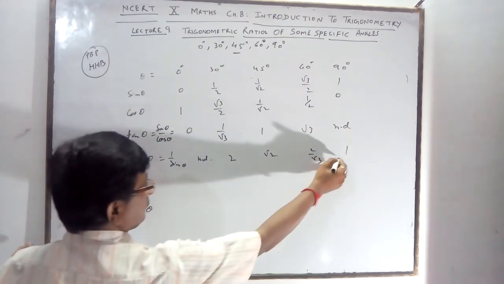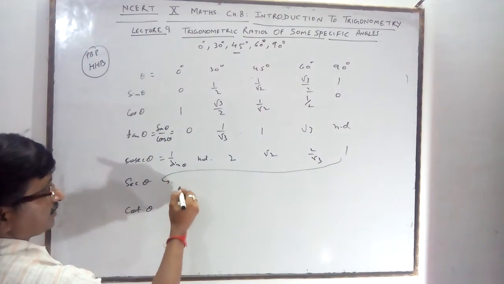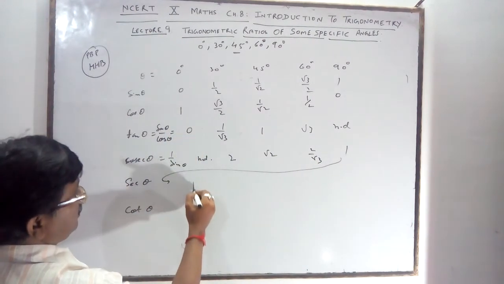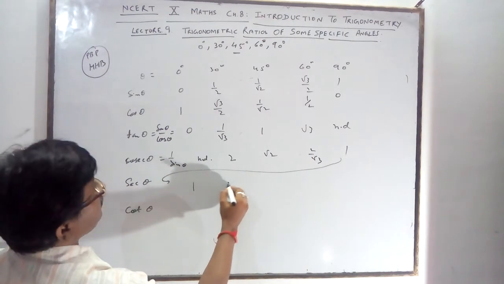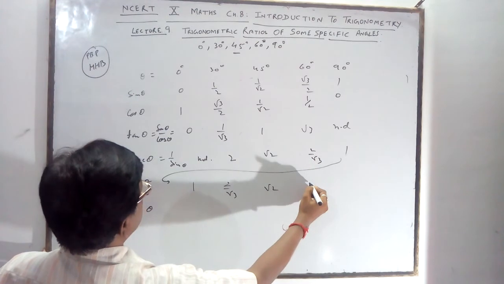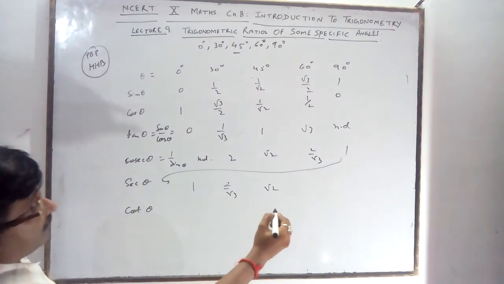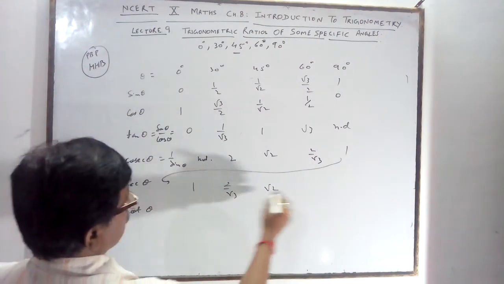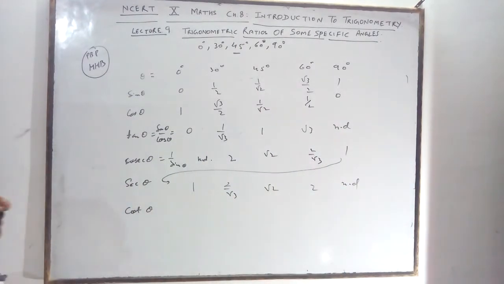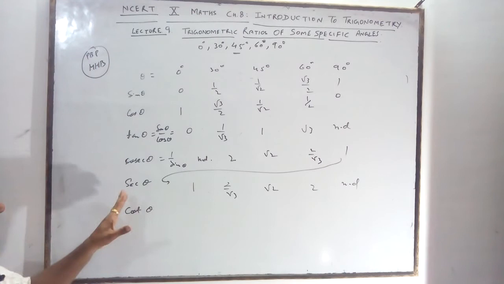From here you start in reverse order: 1, 2 by root 3, root 2, 2 and not defined. That is, the reverse order of this is sec.